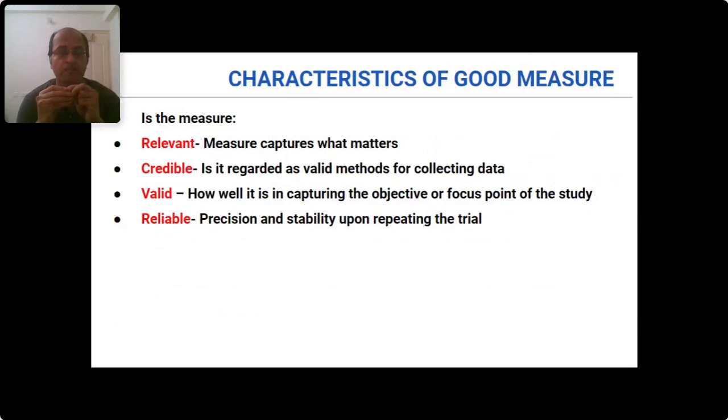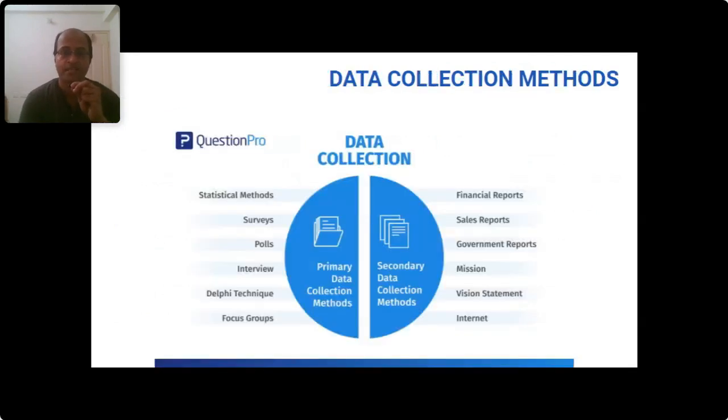It should be credible, meaning it utilizes valid methods for collecting the data. Then it is valid, meaning how good it is in capturing your objective of the survey. And it should be reliable, meaning if anybody else repeats this, they should get results like what you are getting, at least similar, if not exactly the same.